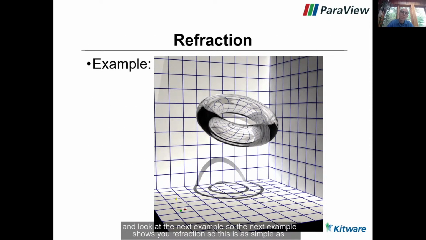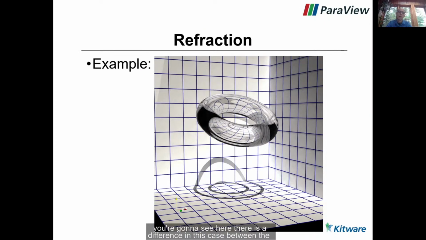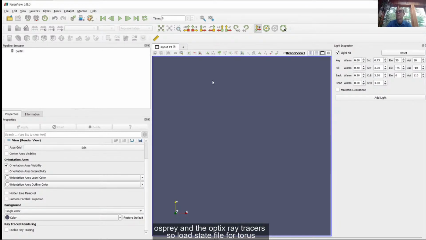So the next example shows you refraction. This is as simple as just setting the material for this to a material that is transparent. We're going to use glass. You're going to see here there is a difference in this case between the Osprey and the optics ray tracers.